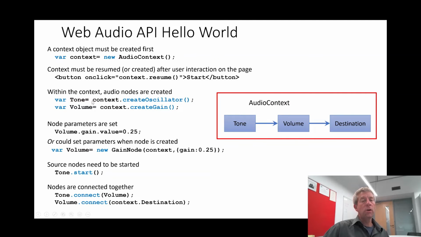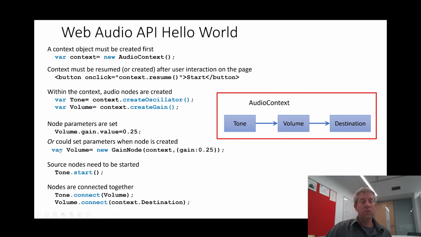Then within this context, audio nodes are created. So we could have tone, which is our name for an oscillator node, and volume, the name we gave a gain node. And we can set the parameters of those nodes. The gain nodes have a gain parameter, which is how much you boost or attenuate a signal, how much you're multiplying it by. You could also set the parameters at the point at which nodes are created.